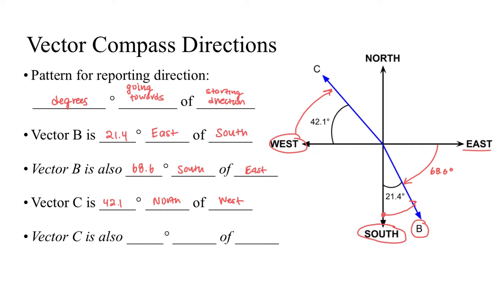That would mean vector C is also, right, 90 minus 42.1, that's going to be 47.9 degrees going towards the west from north. So that would be west of north. So make sure that you're comfortable reporting the direction of a vector given the two nearest compass directions.